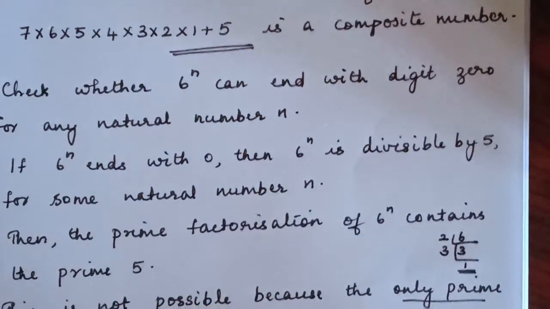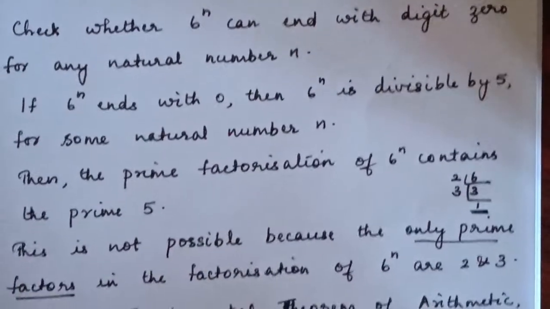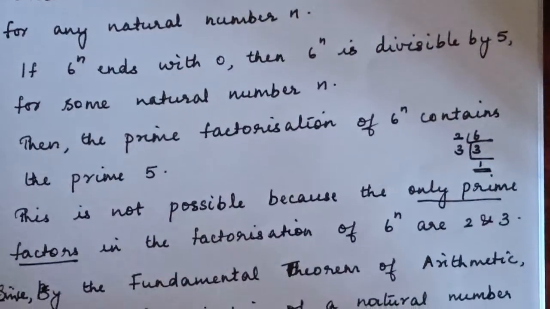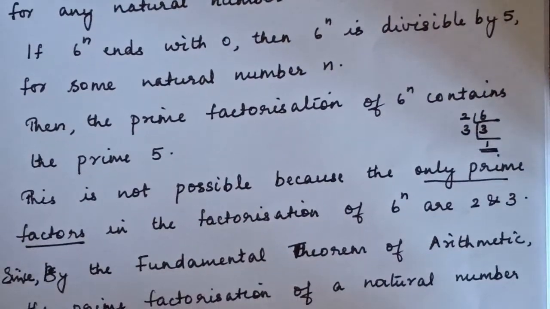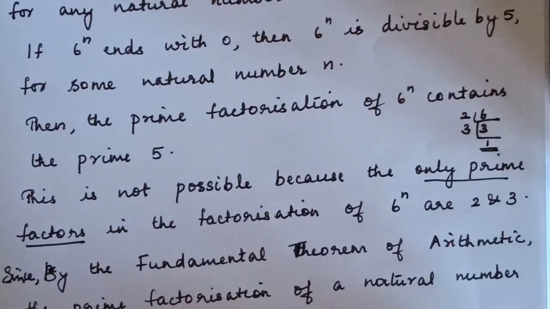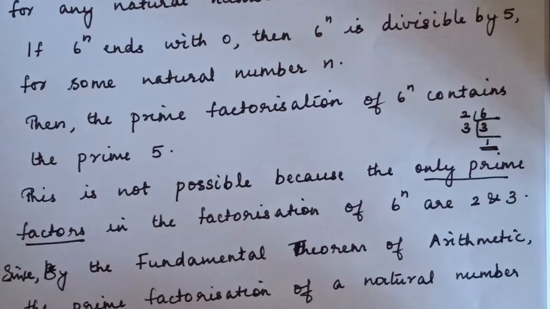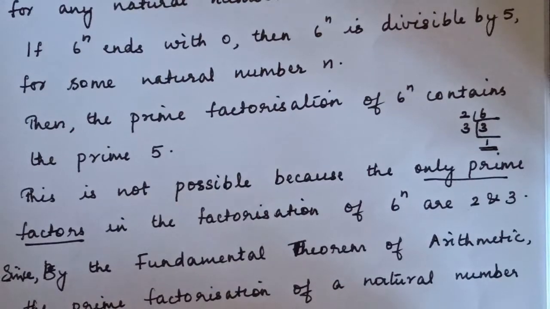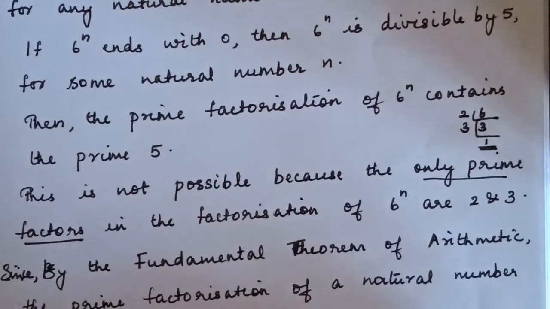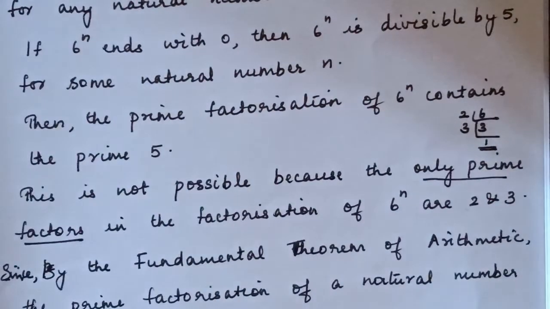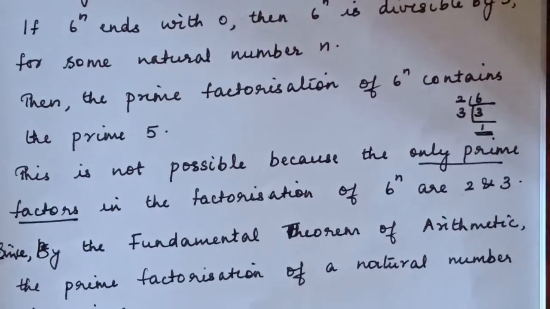The method is the same. You have to do the prime factorization and check whether the prime factorization of that number contains the prime 5. If it doesn't contain the prime 5, then that number cannot end with the digit 0 for any natural number n.